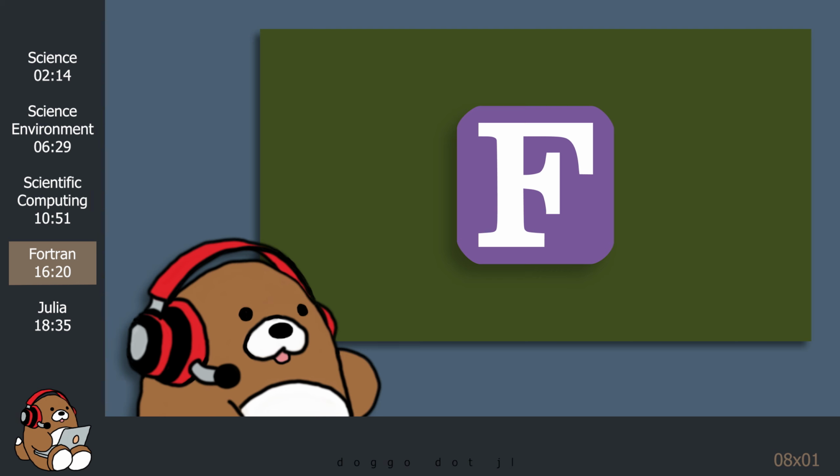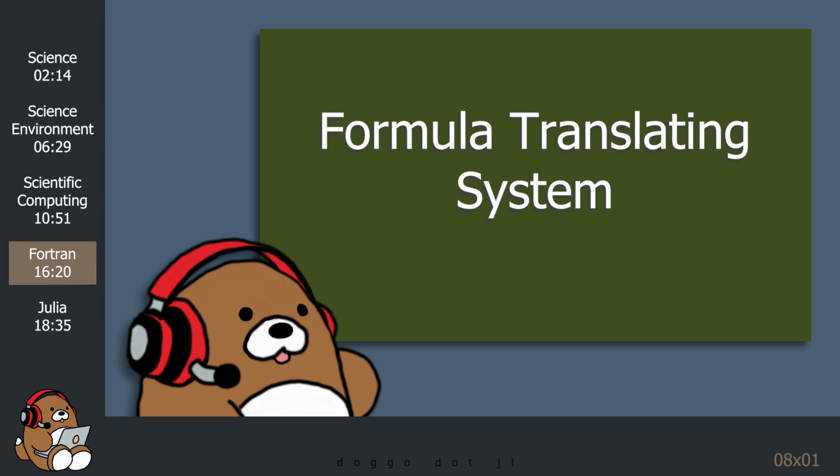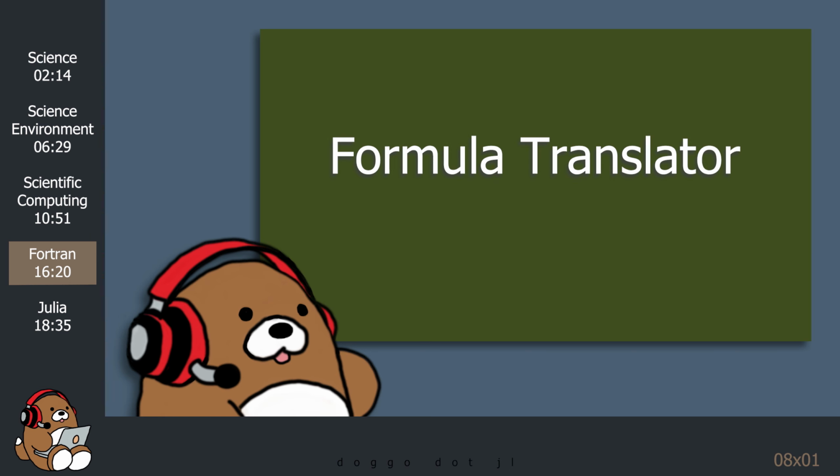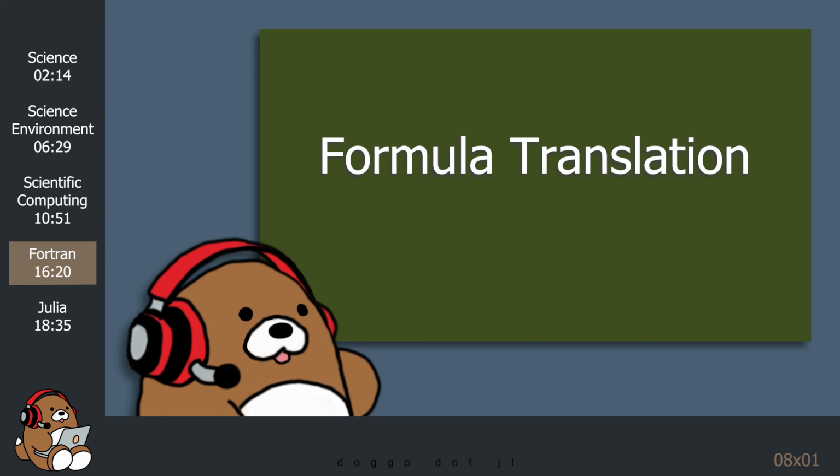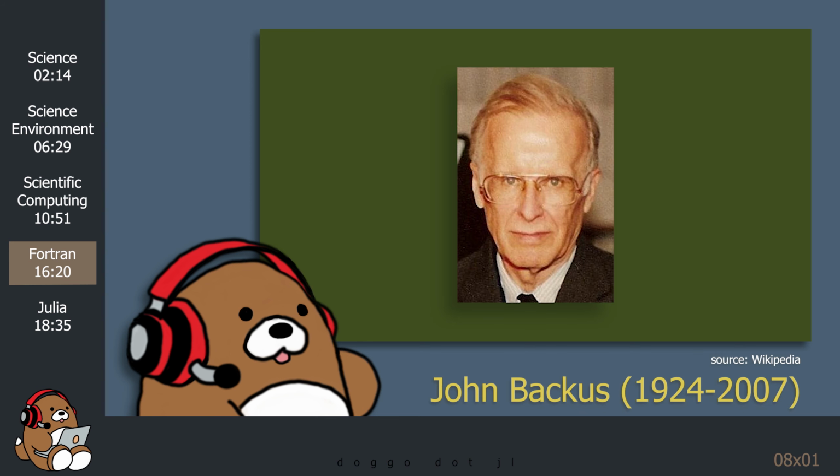There's some debate as to what Fortran stands for. Depending on the source, Fortran may be short for Formula Translating System, Formula Translator, or Formula Translation. But there's no question that Fortran was invented at IBM by a team led by John Backus.